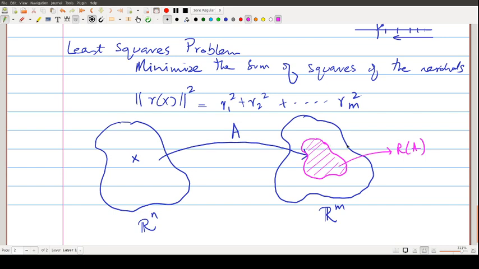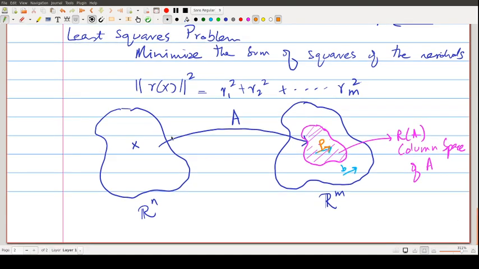So this is the column space of A. Now, of course, your situation is very simple if B lies in this subspace, because then you will find some x whose Ax equals B gives you the solution. But that's usually not the case. Usually B is outside this space and you won't be able to find B here, but you want some P vector here such that P is as close to B as possible.